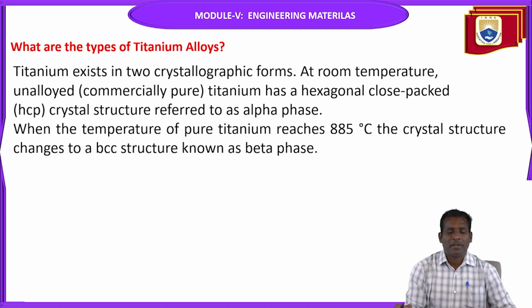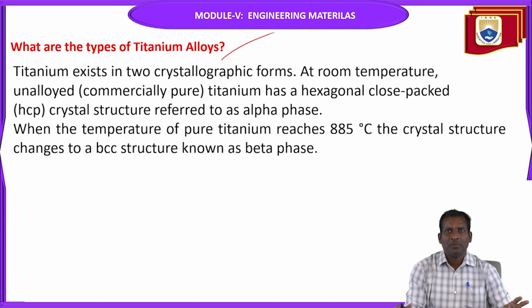So what are the types of titanium alloys? Titanium exists in two crystallographic forms. At room temperature, unalloyed, commercially pure titanium has a hexagonal close packed, that is HCP, crystal structure referred to as alpha phase.